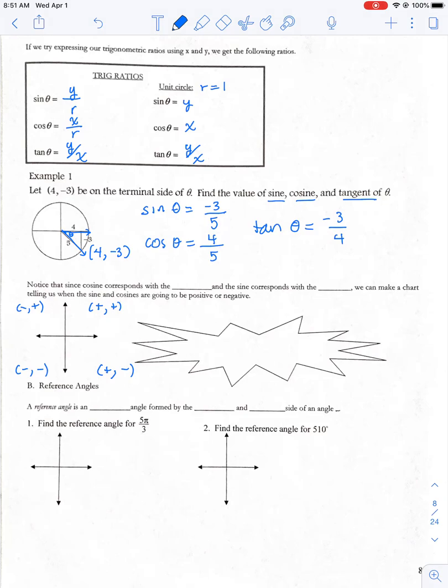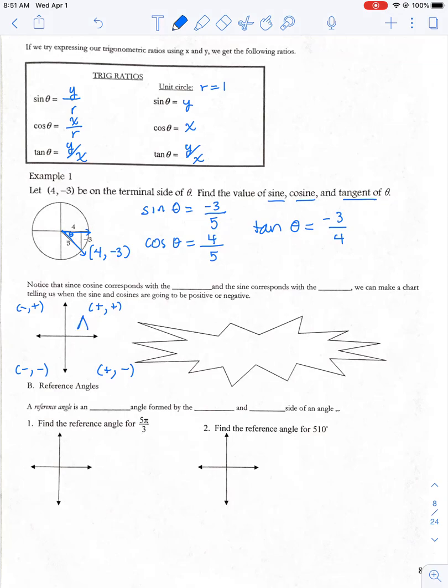Now, because those three trig functions are dependent on those values, as well as r, with r always being positive, there's a little acronym that a lot of students use to remember whether sine, cosine, or tangent is positive in those quadrants.